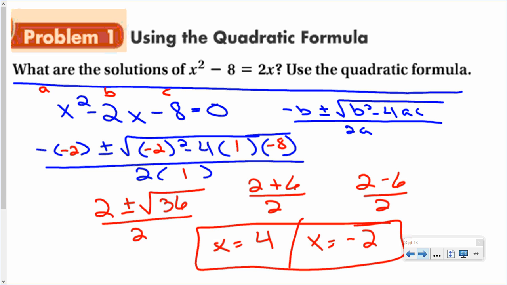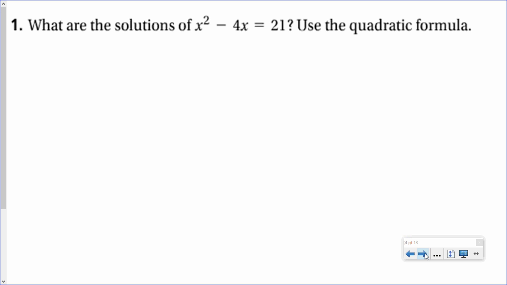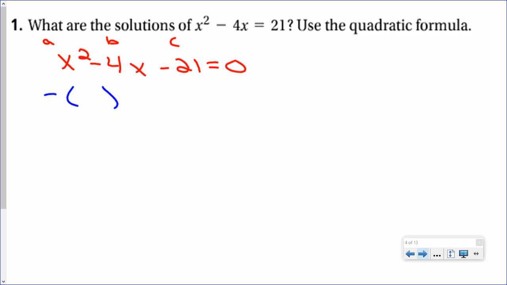Okay. So we really just have one more example to show you, and then that's about it. Organized in standard form is your first thing you should be thinking about. The highest degree is x squared, and then it's minus 4x. You got to move the 21 over. It'd be a negative 21 when you move it over. Remember, it goes in order of A, B, C. The original formula, use parentheses, otherwise things don't go so well.